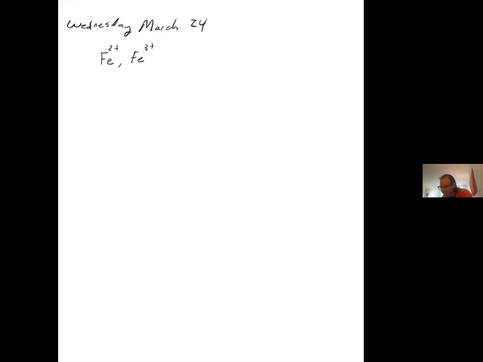So for example, let's say you saw this formula here. You'd say, I recognize this one is 7A, so that's -1. And there's 2 of them, so 2 times -1 is -2. So we have to have neutrality, which means this one's got to be +2.